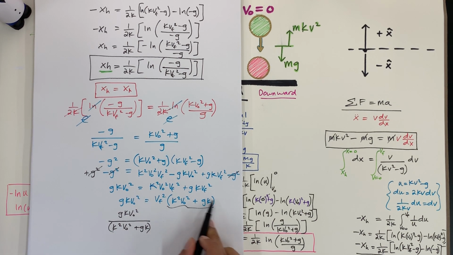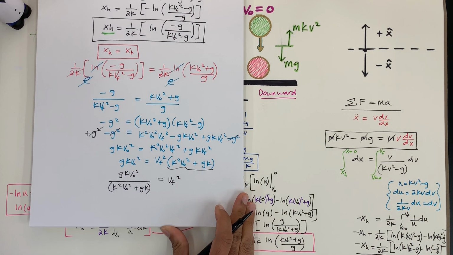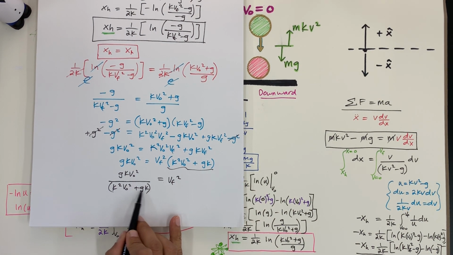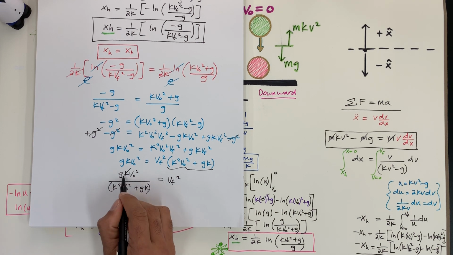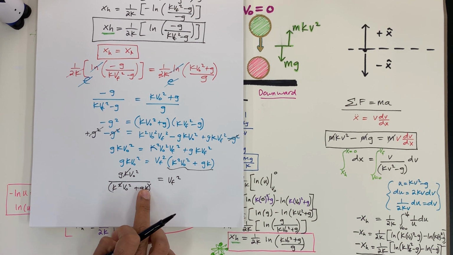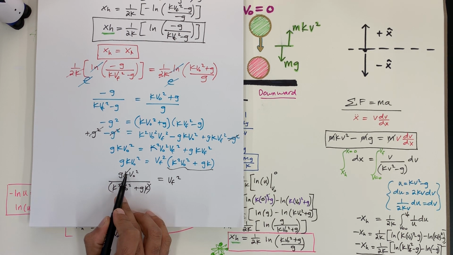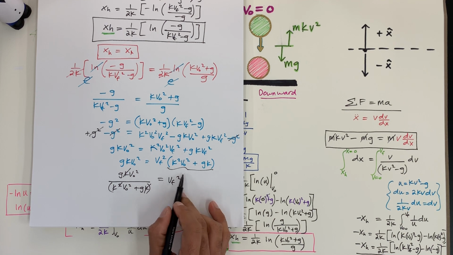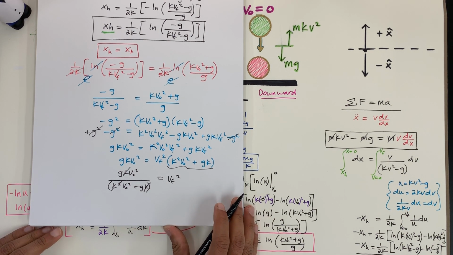We pass this entire thing onto this side, and we have v final squared. So I'm gonna take out a k from this term and a k from this term, and it's gonna cancel with this k here. So I take it out from here and from here, so it sits out here, and now I can cancel with the top part. And then I want to square root this side to get v final by itself.